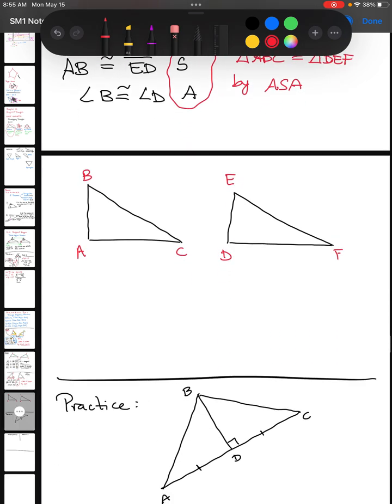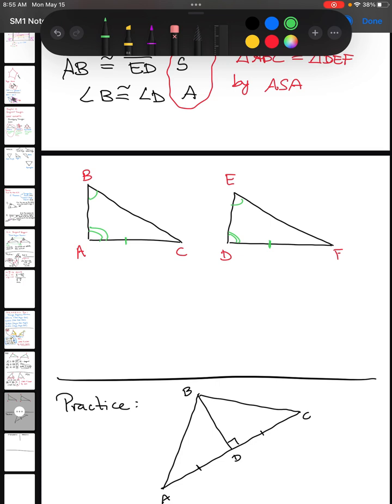Finally, we're going to do this. And now you know how the game works. So, angle B and angle E, angle A and angle D. But this time it is not the segment in between. This time it is the adjacent segment to them. Then what we have is this, all right?